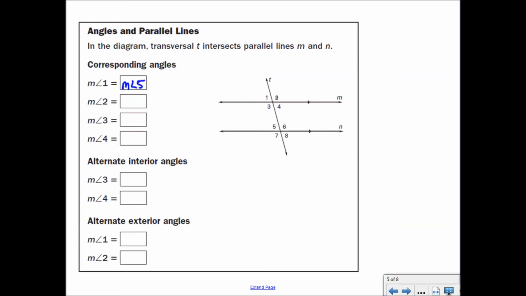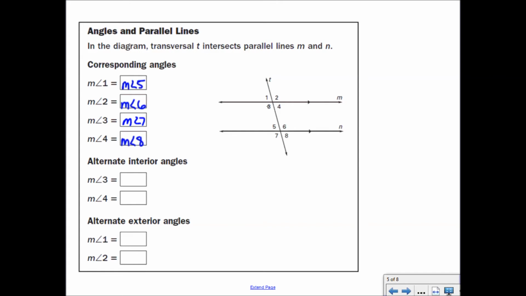The measure of angle 2 corresponds with the measure of angle 6. The measure of angle 3 is equal to the measure of angle 7, because they are corresponding angles. And the measure of angle 4 is equal to the measure of angle 8, because they are corresponding angles.